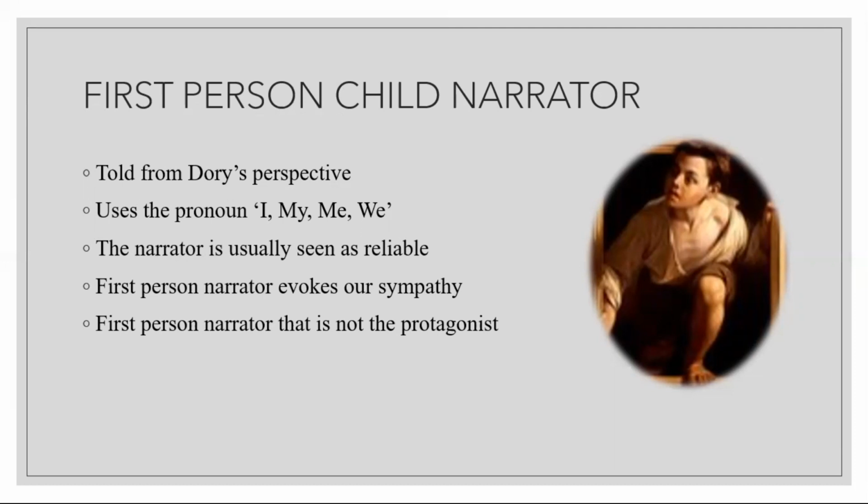The role of the first-person child narrator in Emma did one thing. Its role was to imitate the views of how Dory sees her mother and how she feels about the situation. It showed us the games the adults played and how their actions affected children.